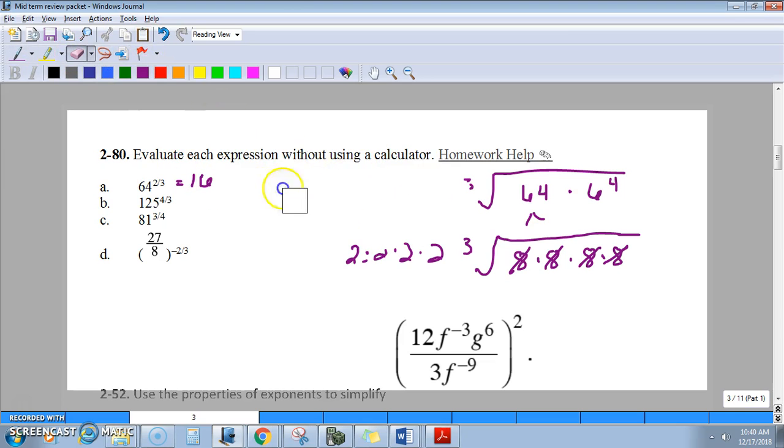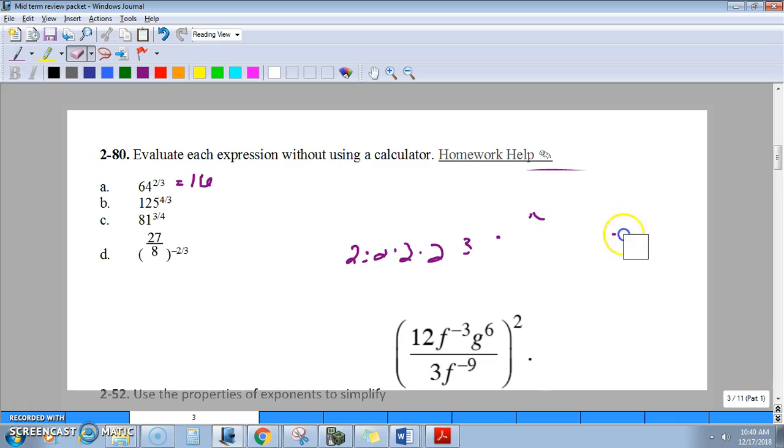Now, is there an easy way to do this? Well, let's take a look. Is there an easier way to do this? Because as I was doing this in my head, I was thinking, what if we had turned 64 into 8 squared, and we had 8 squared to the power of 2/3. And when you have something power to a power, you multiply.